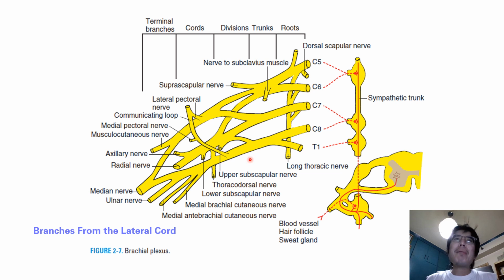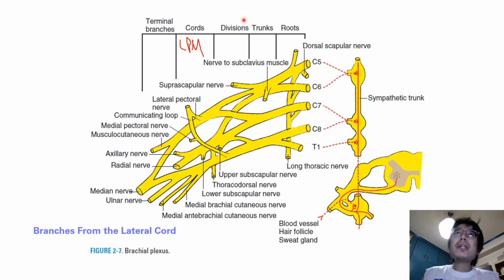The three main cords are the lateral cord, the posterior cord over here, and finally the medial cord. Our mnemonic for the cords is LPM, the lateral, posterior, and the medial cords.